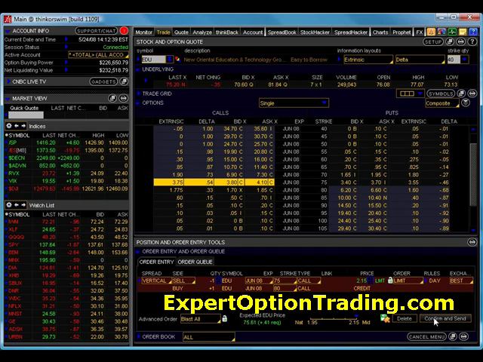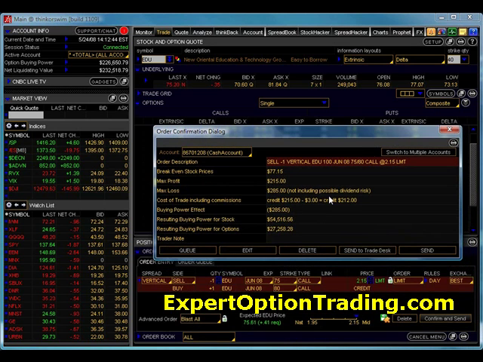And if we bring up the confirmation dialog box, you can see that they have the exact same numbers. The maximum profit is $2.15, or $215, and the maximum loss is $285, which is the difference between the strike prices minus the credit we receive. You can see that it's a credit of $215 minus the $3 in commissions that we pay, for a net credit of $212.